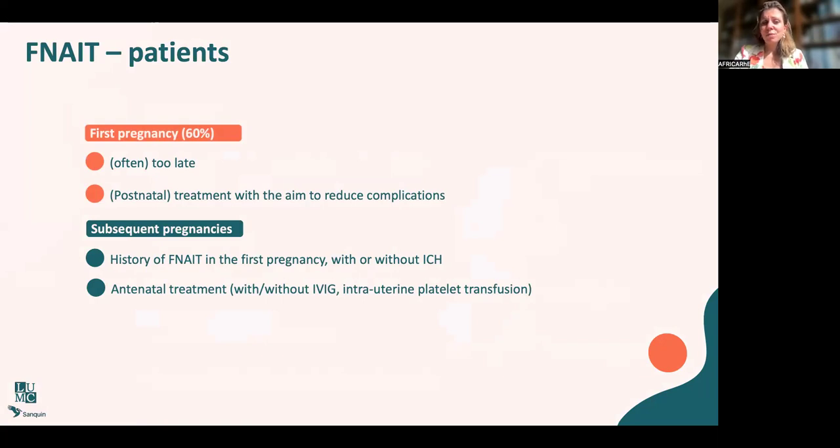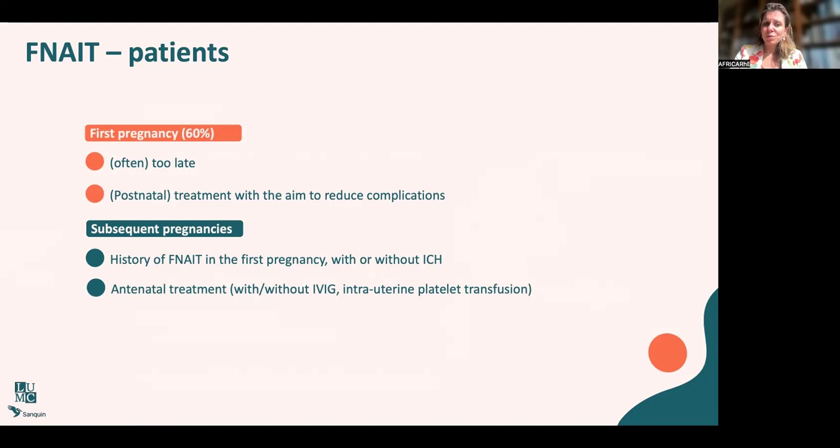The aim of treatment, postnatally or sometimes also antenatally, is to reduce complications, but we mostly can't undo the consequences of the intracranial hemorrhage anymore. In subsequent pregnancies, after ICH appeared, we know there's an increased risk and we can treat.